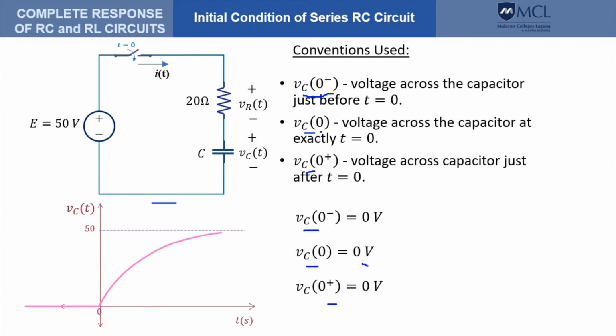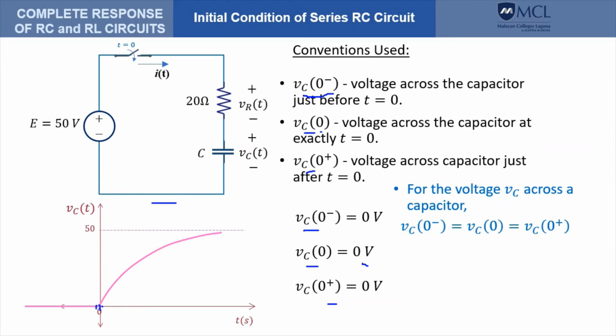So there are three points here: before t equals 0, exactly t equals 0, and just after. For series RC, the magnitude of the voltage across the capacitor is always the same just before, during, and just after the change is applied.